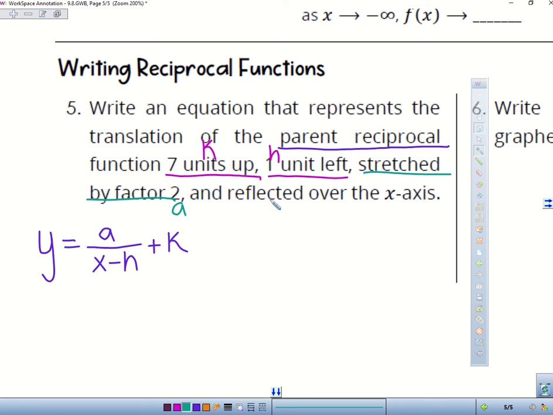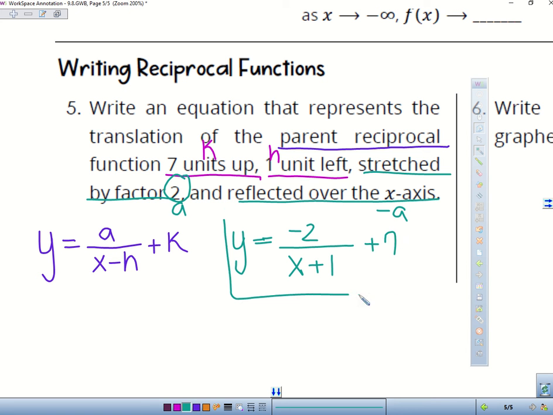A. And then it's reflected, so my A is going to be negative. So we have 4 things going on we're going to put in. So it's going to be y equals. We determined my A is 2, but also it's negative, so -2. We determined that we're 1 unit left, which means that my h is going to end up being +1, because h is always opposite. Good. And then what about k? +7.